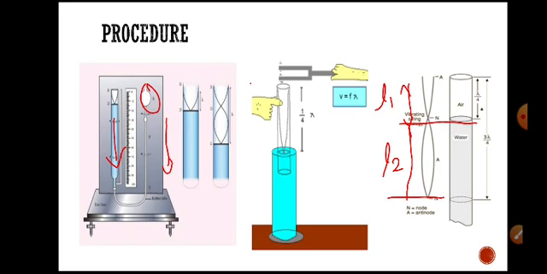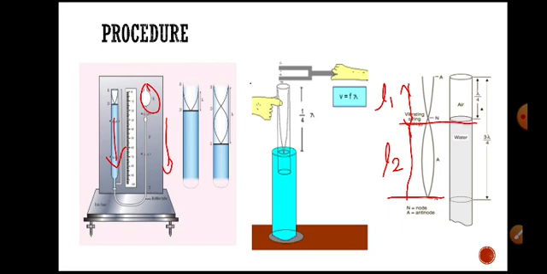The reservoir is fixed at that position where you heard the large booming sound, and the length of the air column is noted. The experiment is repeated, and you take the average of the two air column lengths, that is L1.